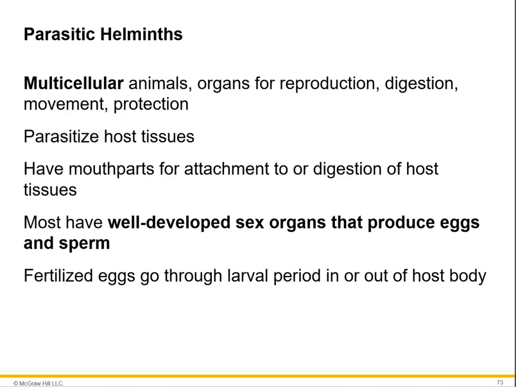Okay, so essentially, in evolutionary terms, helminths have put a lot of their energy into reproduction. So they have very well-developed sex organs. They produce eggs and sperm. And fertilized eggs are going to go through a larval period, and this can be in or out of the host body.